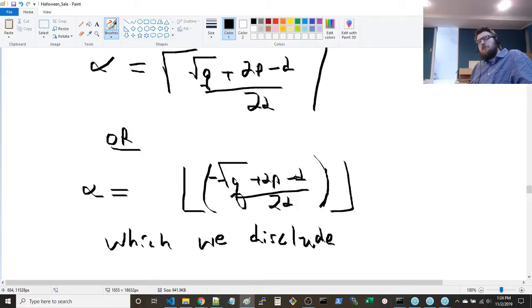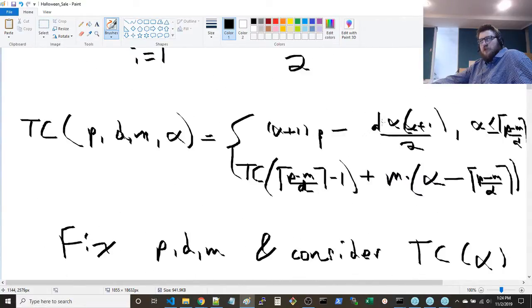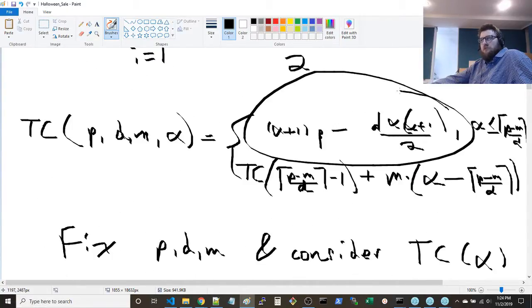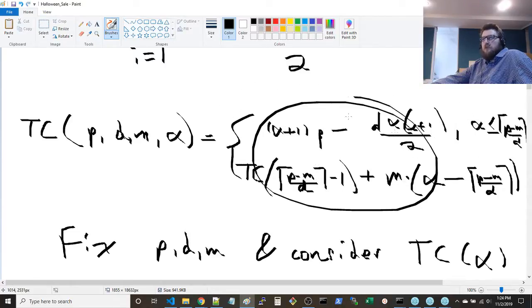What does this look like? Basically we have negative alphas to consider. It's just like if you're using negative numbers, because this creates a kind of quadratic function.